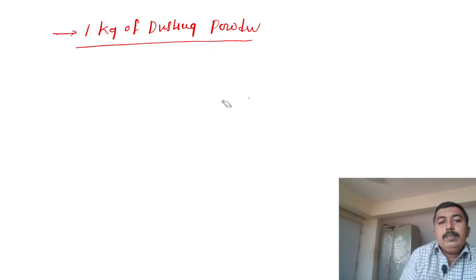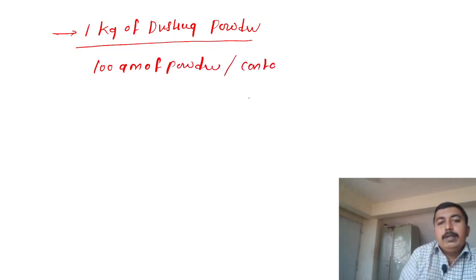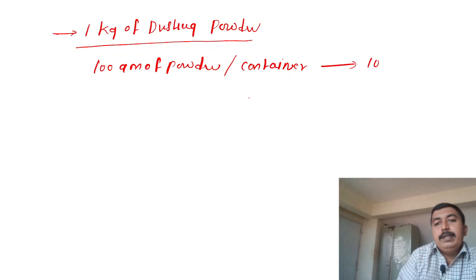Let's see. Suppose I have to pack 100 gram of dusting powder in one container. So 100 gram powder per container. How many containers will I get for 1 kg powder? For 1 kg powder, I will get 10 containers.